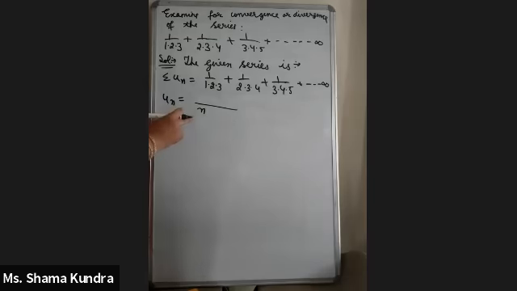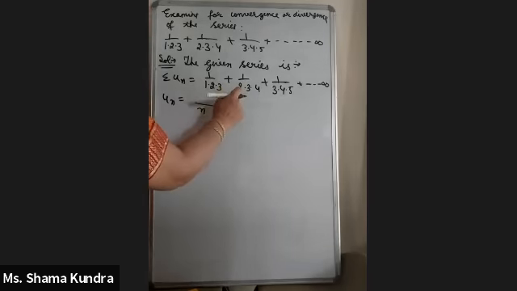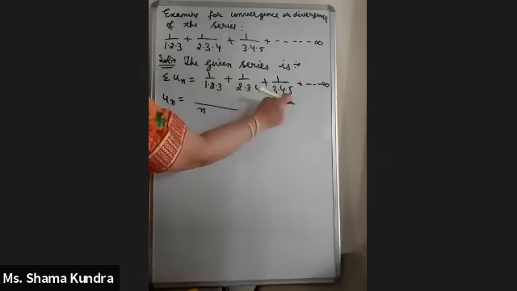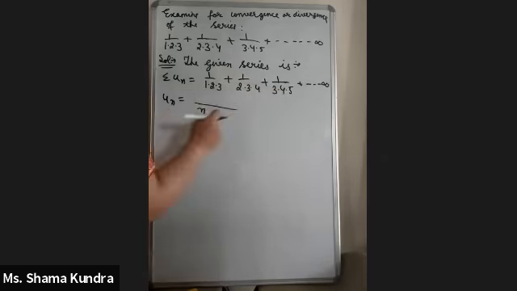Next, in U1, we have the 2 consecutive term of 1, meaning 1 plus 1 is 2. In U2, we have 3, the consecutive term of 2, meaning 2 plus 1 is 3. Here 4 is 3 plus 1. So in Un, the next term will be n plus 1.